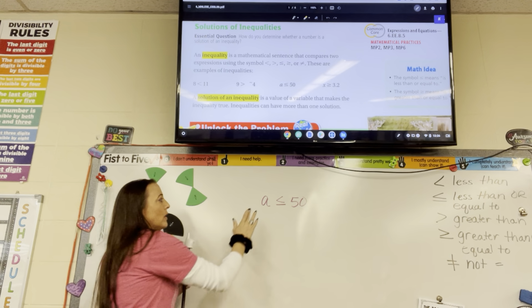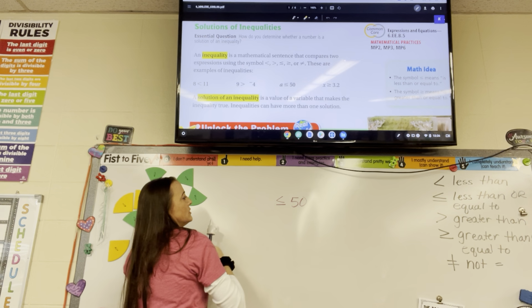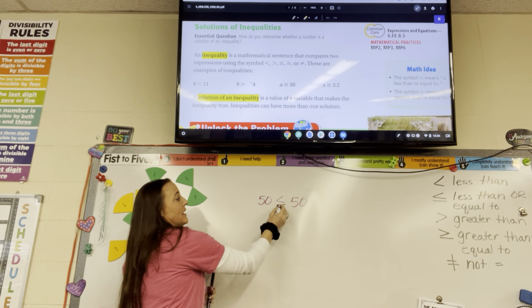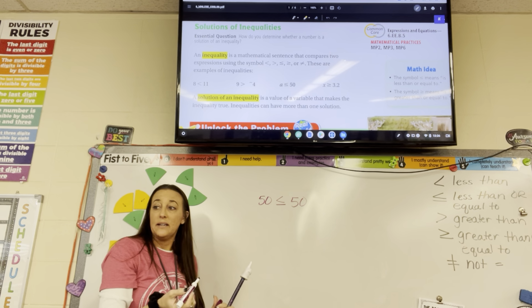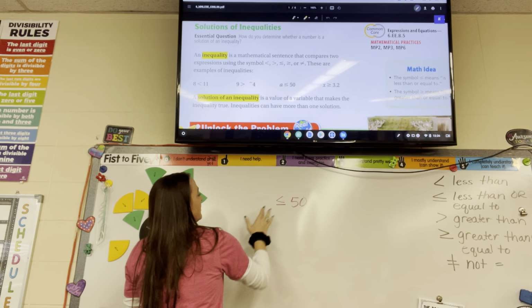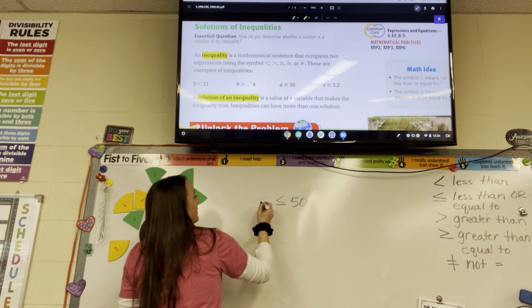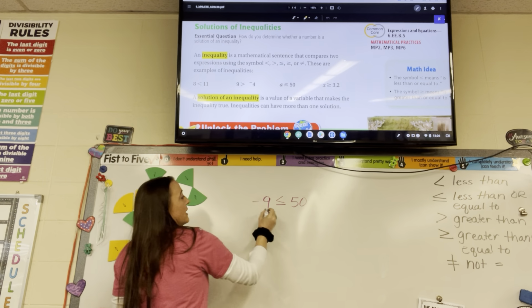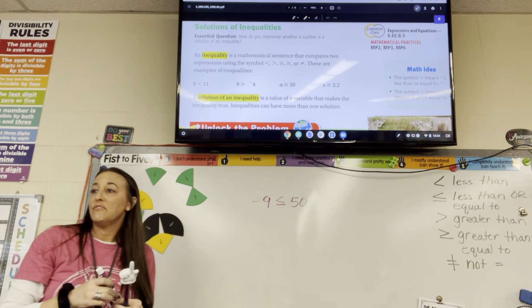So one solution to this would be 50. Is 50 less than or equal to 50? Yes. We could also make that 9, -9, anything that's less than 50, right?